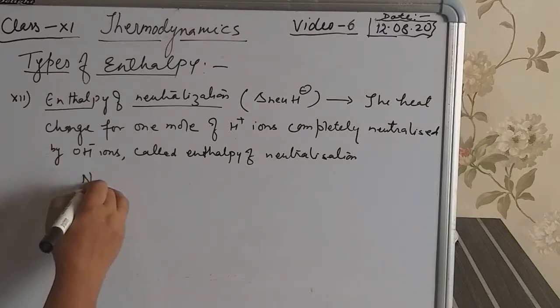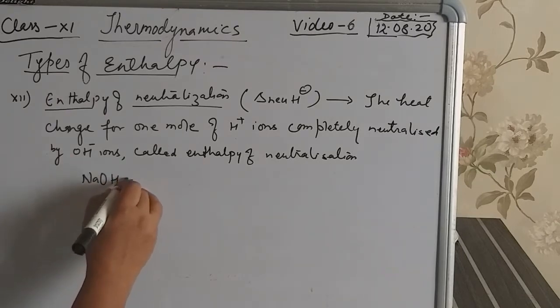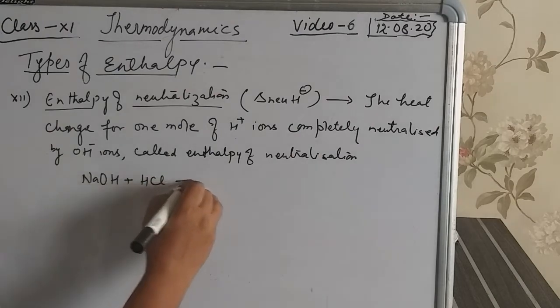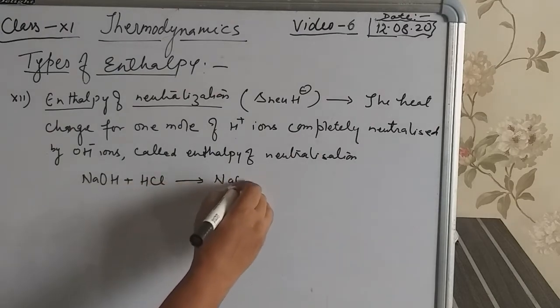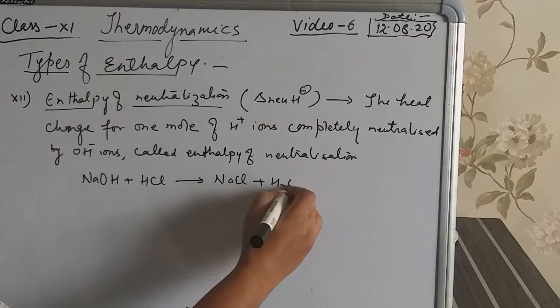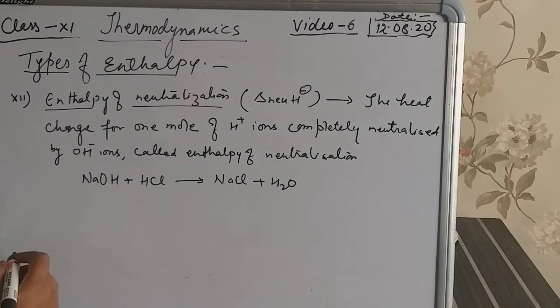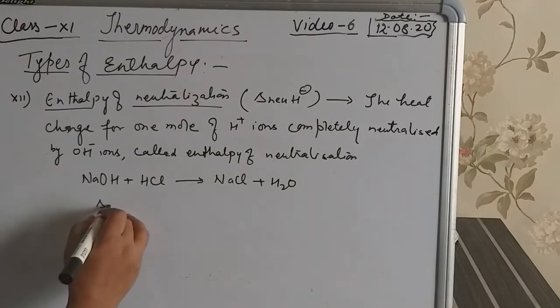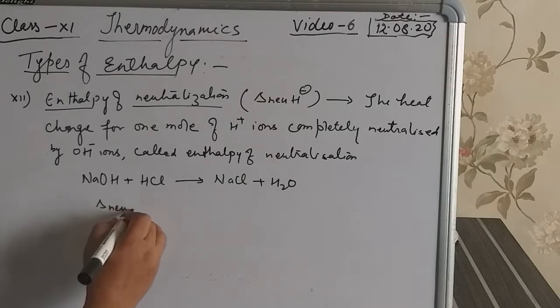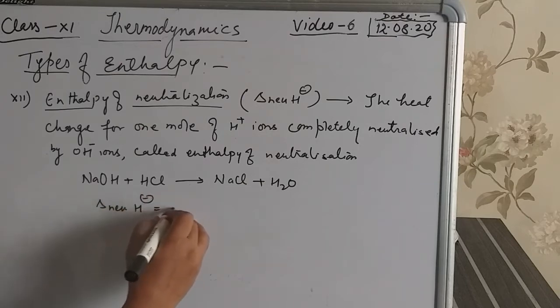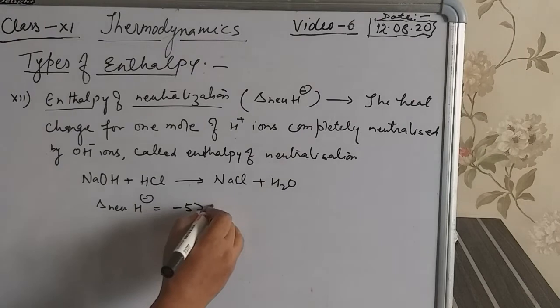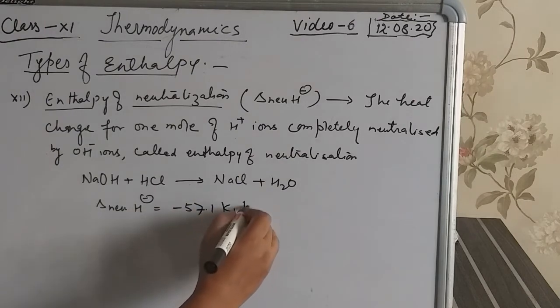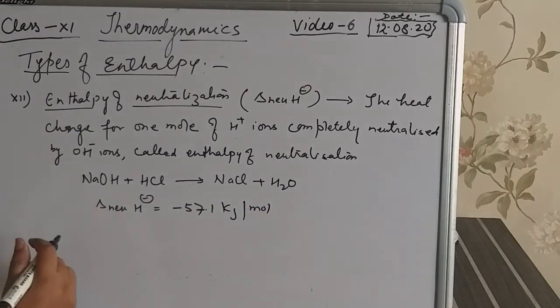For example, sodium hydroxide treated with hydrochloric acid forms sodium chloride and H2O. This is the best example of a neutralization reaction. So del H neutralization is minus 57.1 kilojoule per mole. So this is the enthalpy of neutralization.